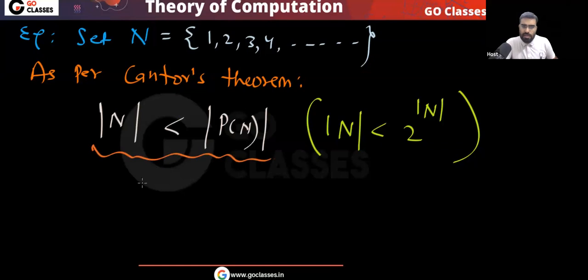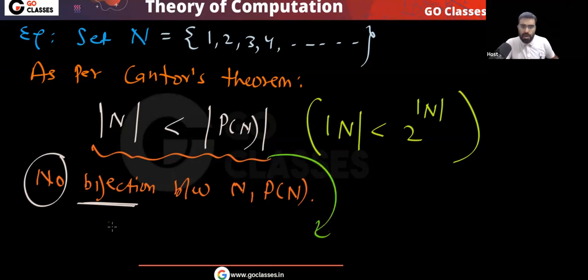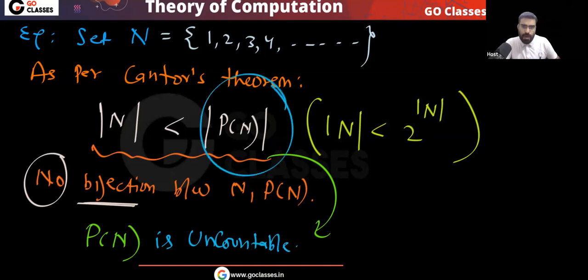This statement tells you that there is no bijection between N and P(N). It also tells you that P(N) is uncountable, because the cardinality of the power set of N is strictly greater than the cardinality of N. Very simple. So this is what Cantor's theorem means.